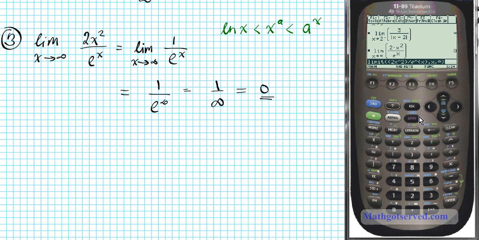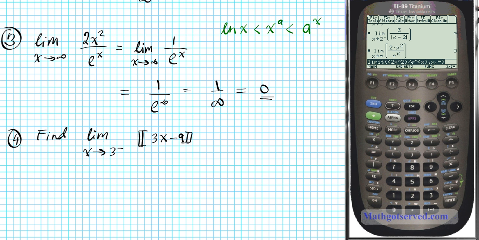All right, now let's go ahead and take a look at the last question. For number 4, we need to find the limit as x approaches 3 from the left of the floor of 3x minus 9. Okay?